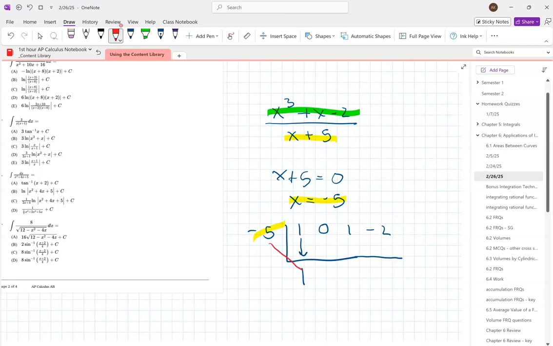And then we multiply the number on the outside to the number on the bottom. We write it in the next spot, and then we add down. And then we just keep repeating that process until you finish. Does that look familiar?